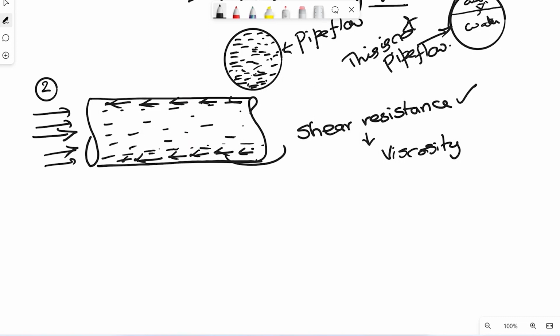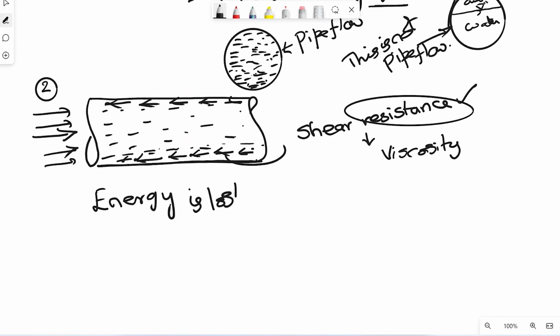So this is another point that we should remember. Because of the viscosity, what happens? Because of this shear resistance, a certain amount of energy is lost in overcoming this resistance.